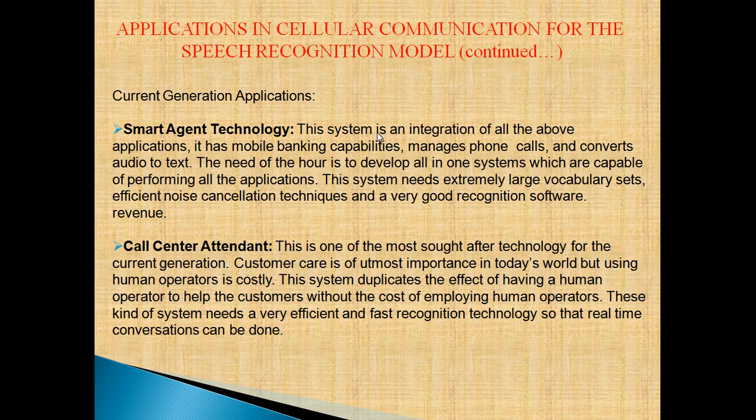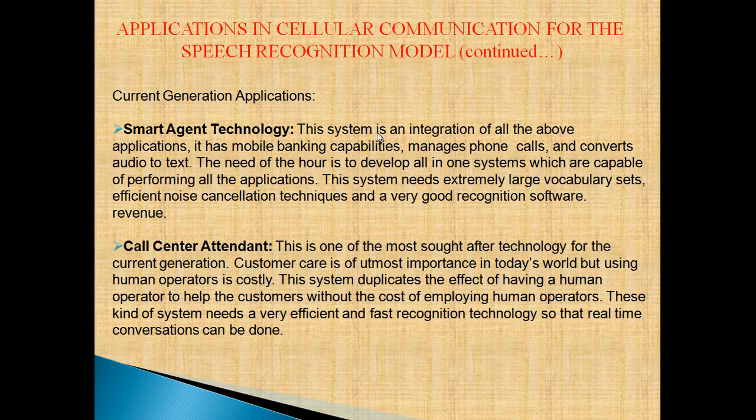Next, we look at the current generation applications that we have. First is a smart agent technology. Now, with all the systems and everything, it's all pretty good in doing the different applications, but it involves a lot of cost as to implement different systems for everything. Instead, how about we just have one system which does everything, from the mobile banking capabilities to speech to text, managing phone calls, forwarding, giving information, everything done by the single system.